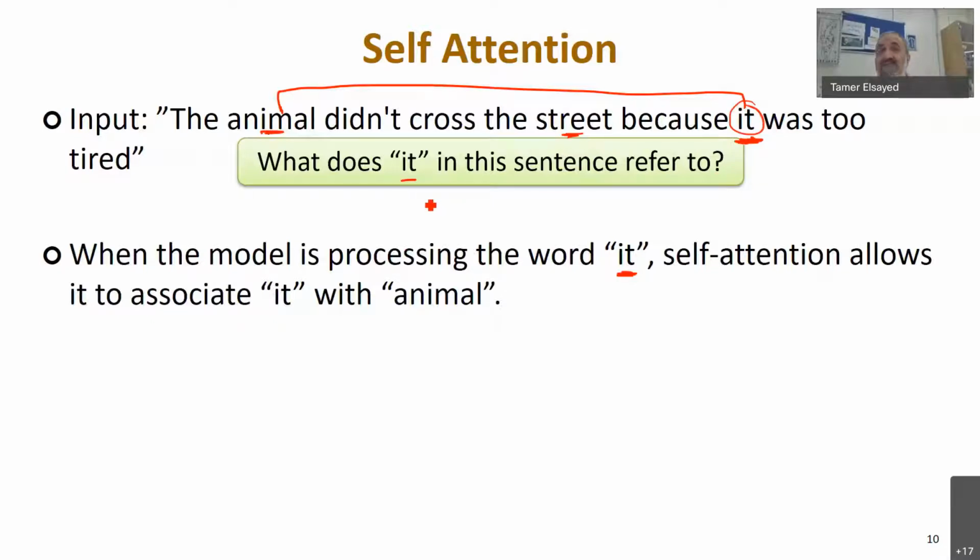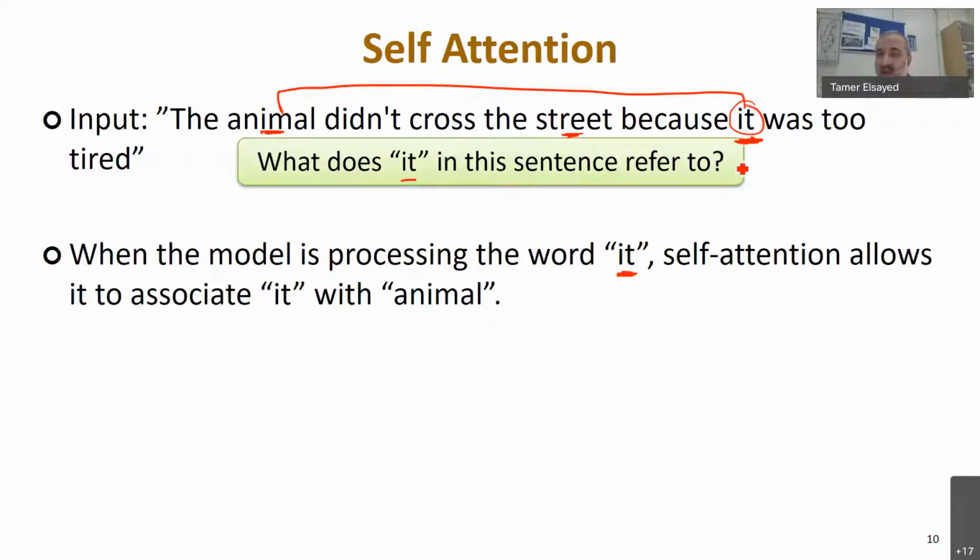This is very important because it tries to understand how we can relate words that appear in the same sentence together, and this contributes to the understanding of the entire sentence. If I don't know what "it" refers to, then I have something missing in my understanding of this sentence. So a good model will try to associate these two words together.